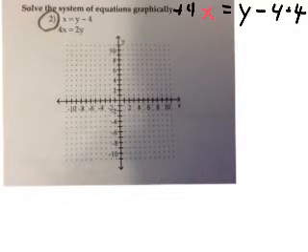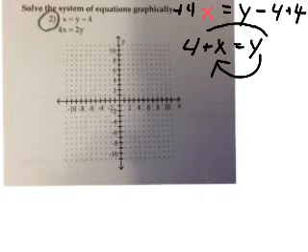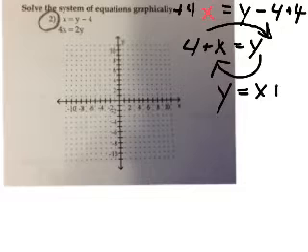Plus 4. Then we end up with 4 plus x equals y. Let's switch it around. We'll put the y on this side and the 4 plus x on this side, just like they change sides at quarters in the football game. So then we end up with y equals x plus 4.